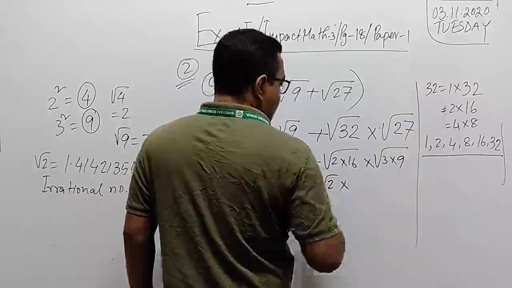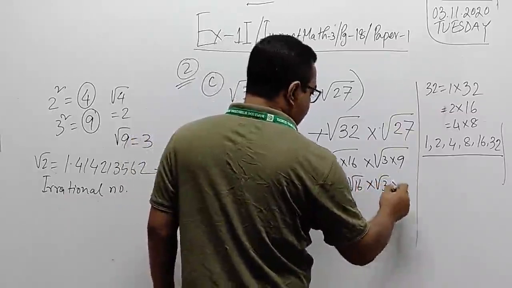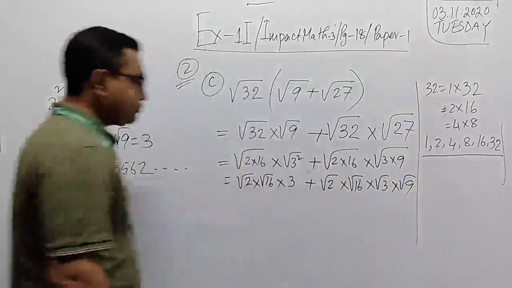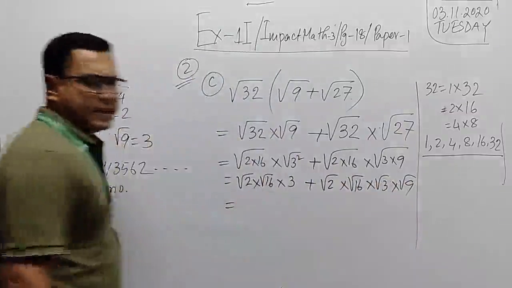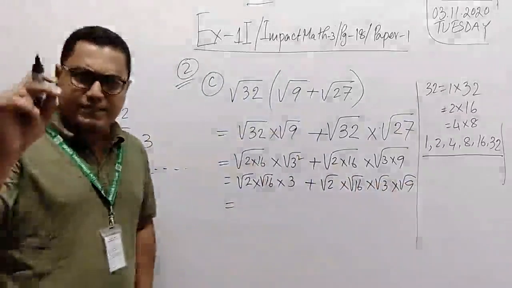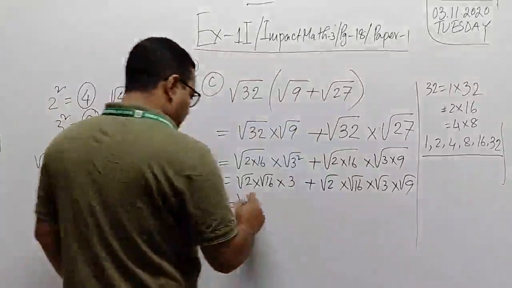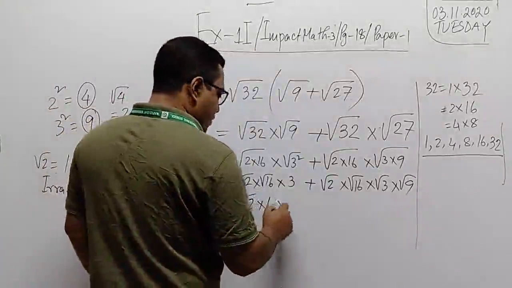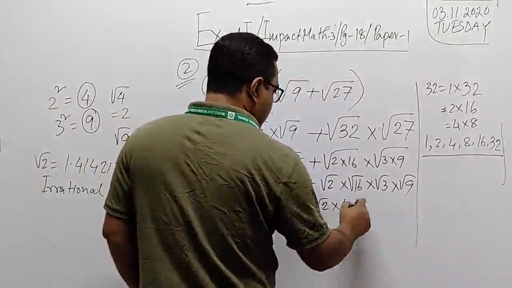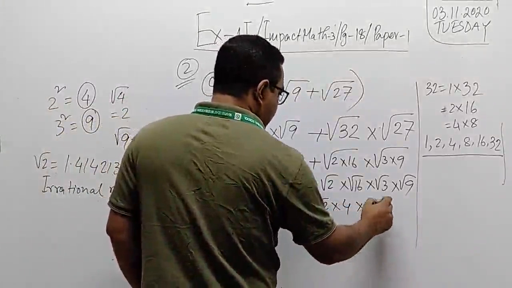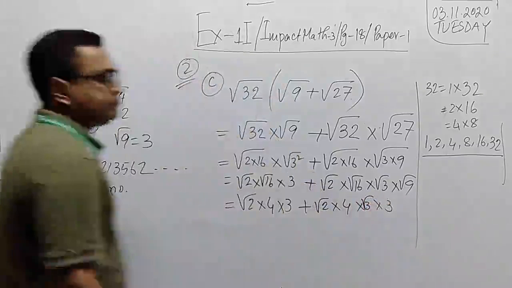Similarly, distribute the powers. Square root of 3 and square root of 9. How do we simplify them? Square root of 16. That means 16 is 4 squared. Square root of 4 squared is 4. So here 4 into 3 plus, sorry, here it is square root of 3 times 3.